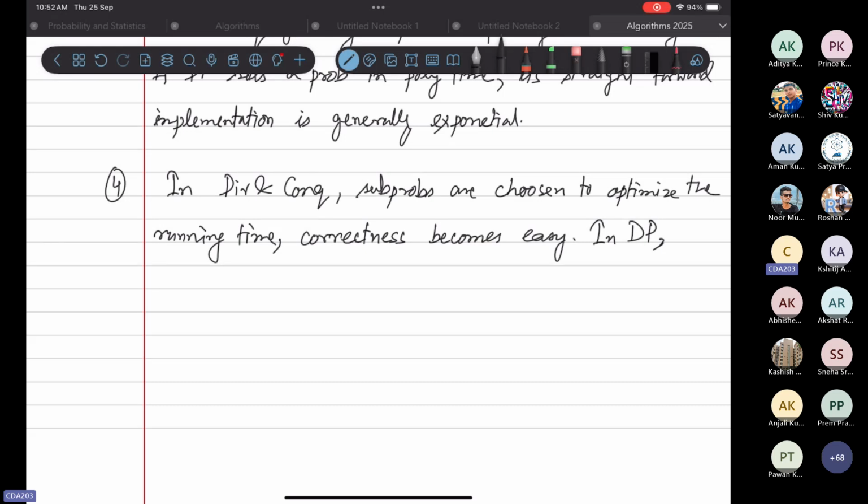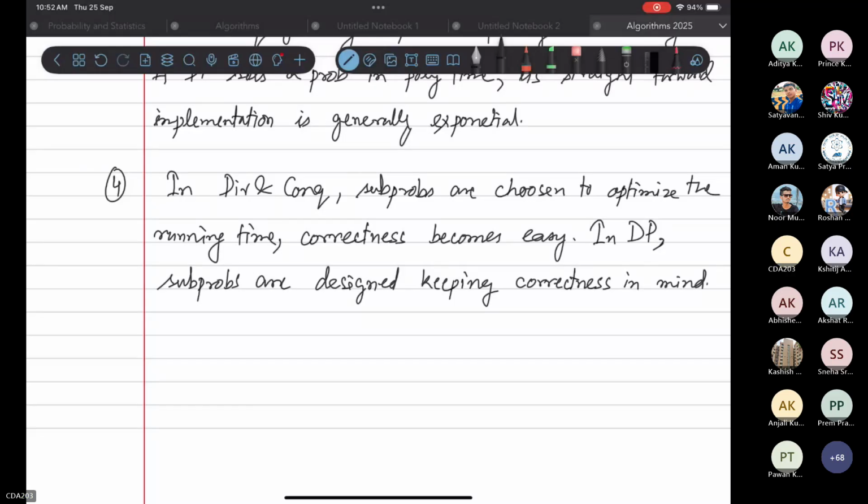In dynamic programming, the subproblems are designed keeping correctness in mind.